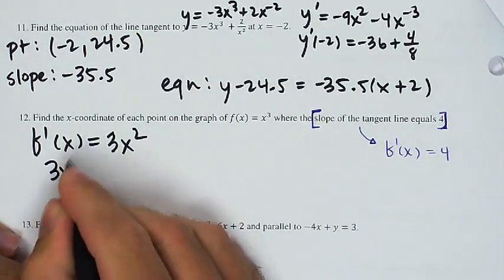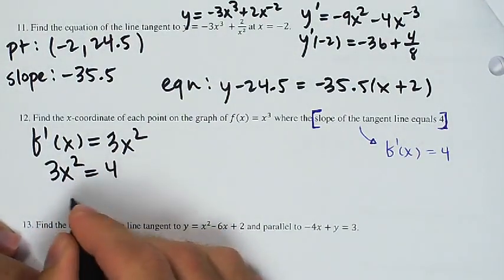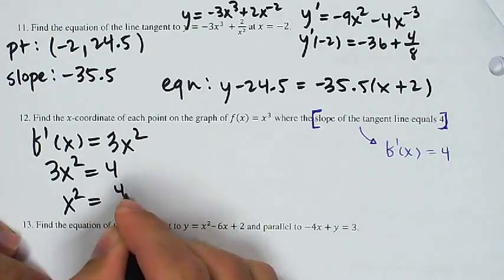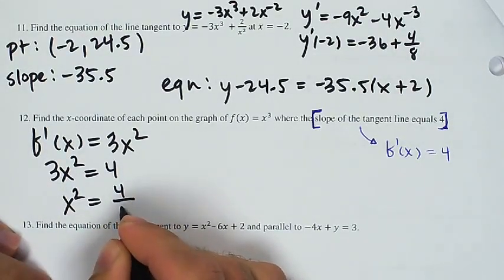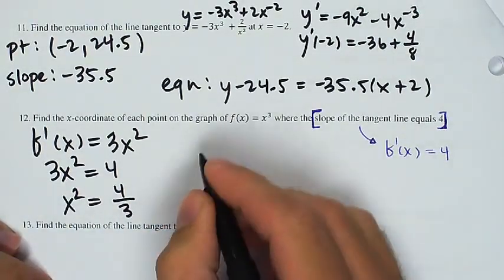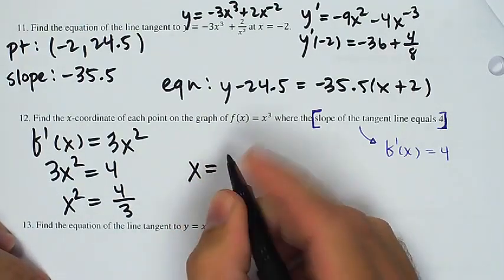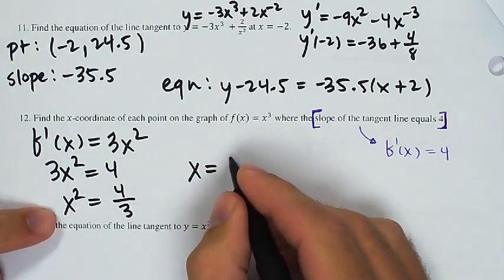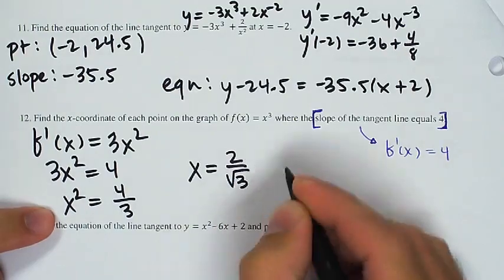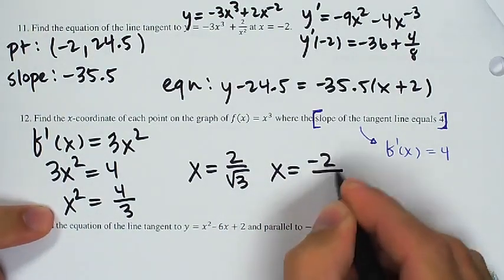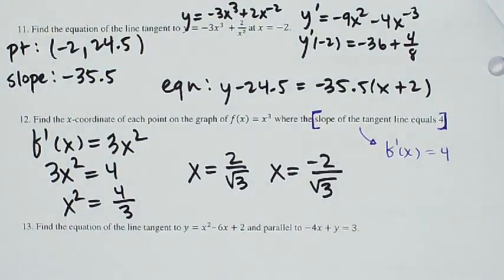So I'm going to set 3x squared equal to 4. x squared is going to be 4/3, and x is going to be 2 over the square root of 3, or maybe negative 2 over the square root of 3, because these are both numbers that if I squared them, I would get 4 over 3.